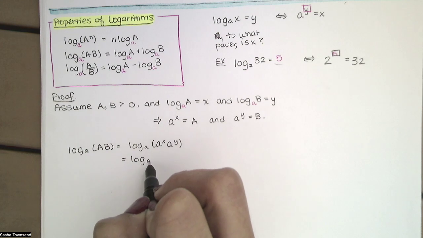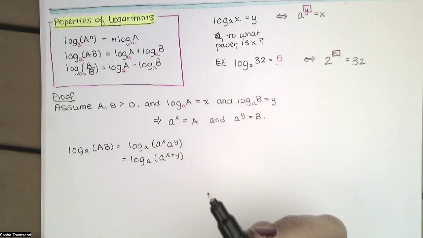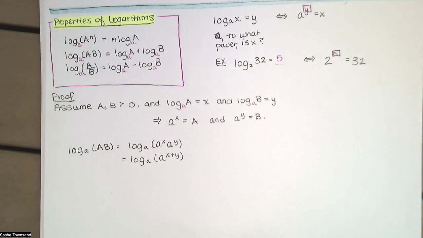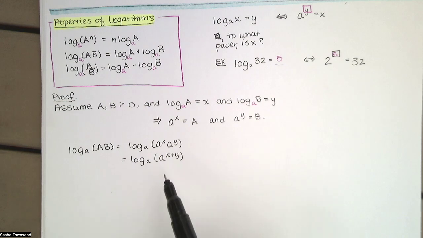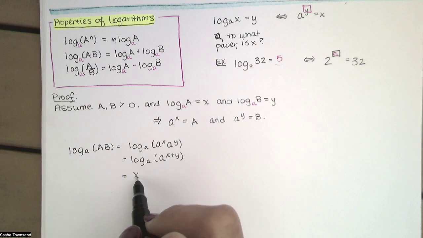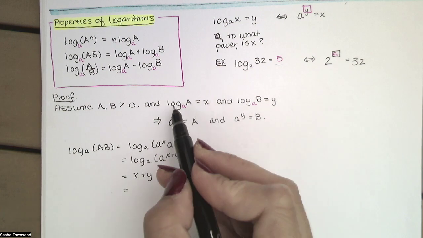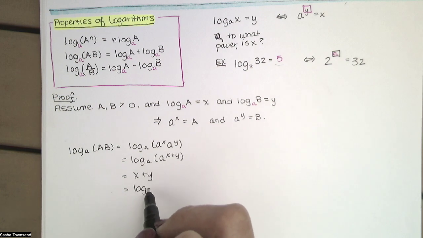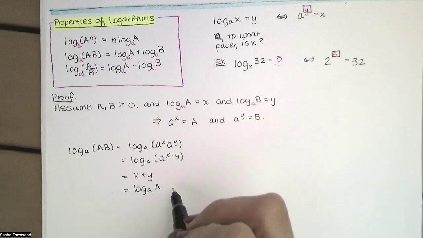This is log base a of a to the X plus Y. And then we're asking ourselves, well, a to what power is a to the X plus Y? Well, the X plus Y power. And then we say, well, what is X? X is log base a of A. And what is Y? Y was log base a of B.